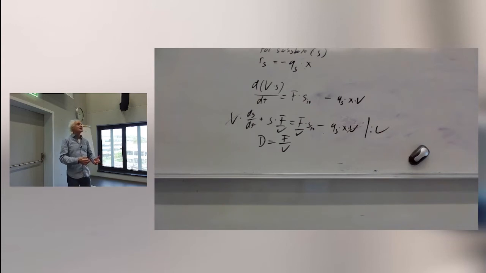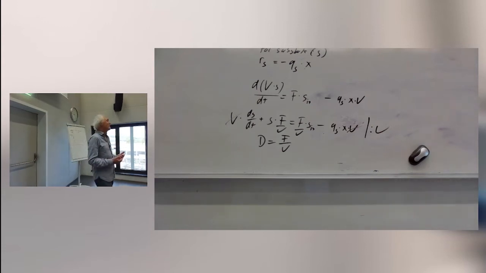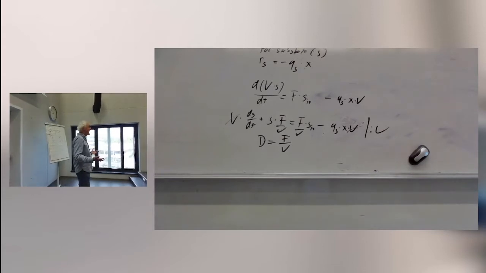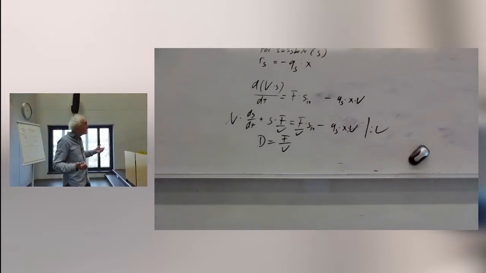For example, if it has 1 liter and my rate is 1 liter per hour, 1 is not so genius because 1 divided by 1 is 1.